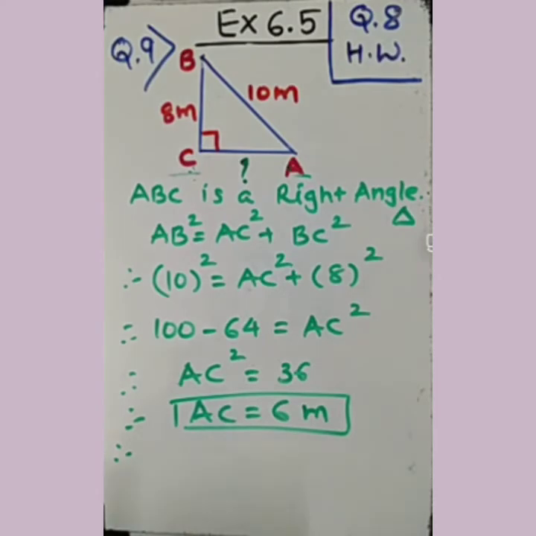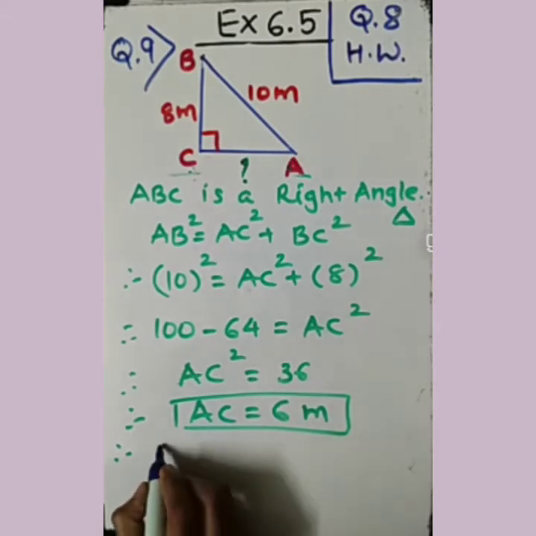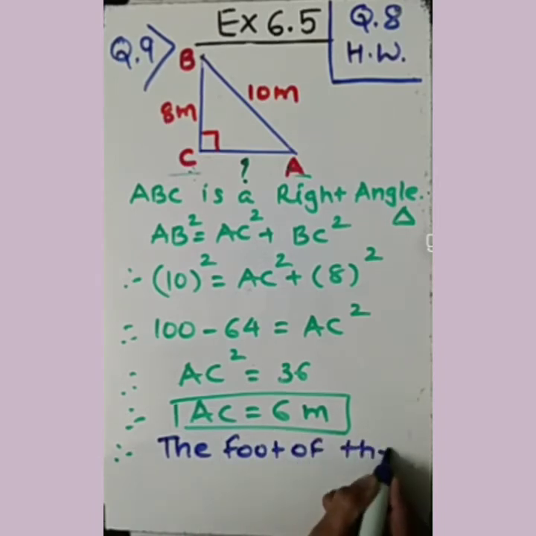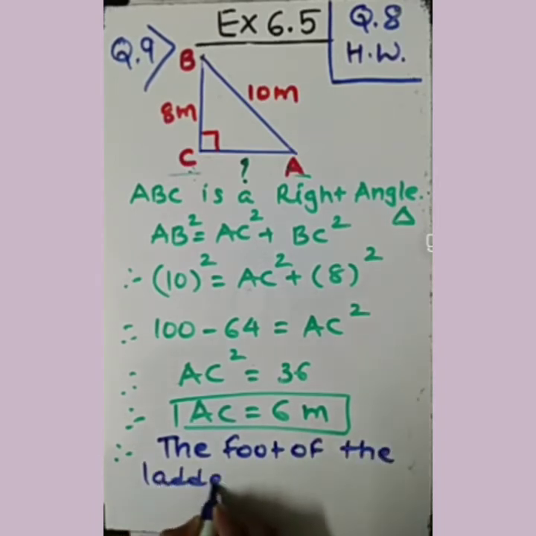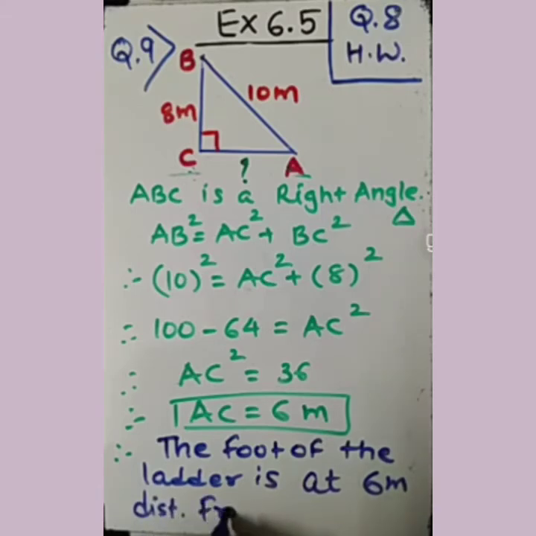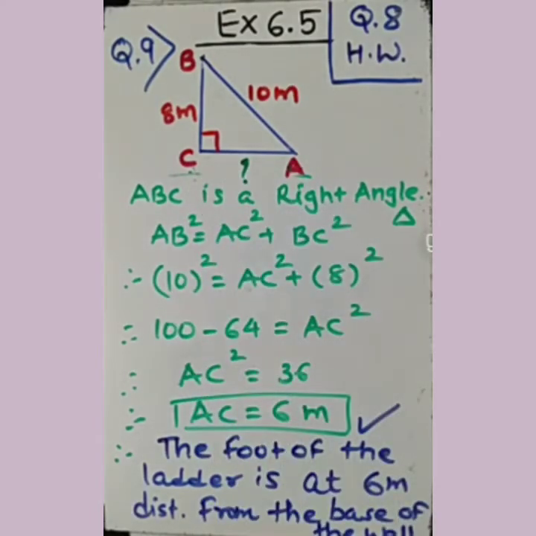Therefore, in the final answer we need to mention that the foot of the ladder is at 6 meter distance from the base of the wall. Is it clear? Very easy and very simple question. The answer of this is 6 meter.